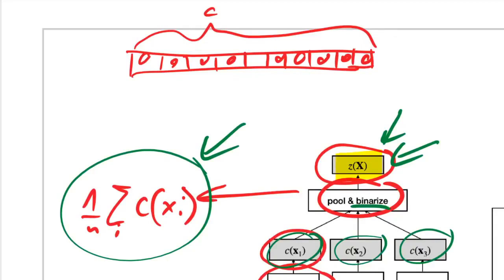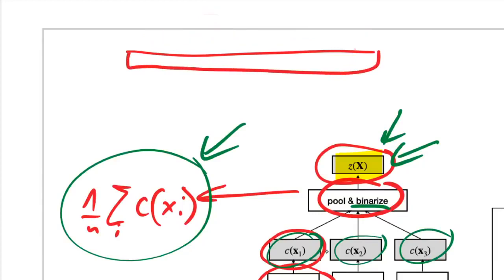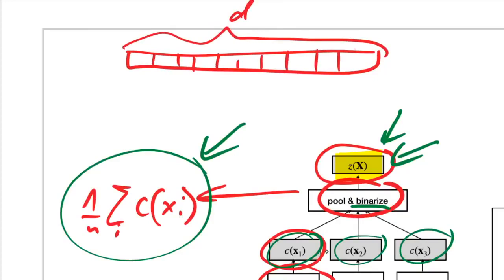So what they do is they have a vector, but not of size C, because they don't know C, but of some dimensionality D. This can be 10, this can be 4, whatever. Let's say it's 10 again, but we don't know how many classes there are.